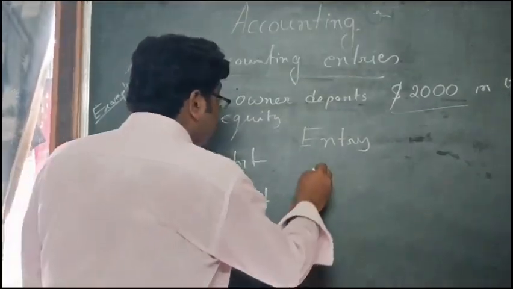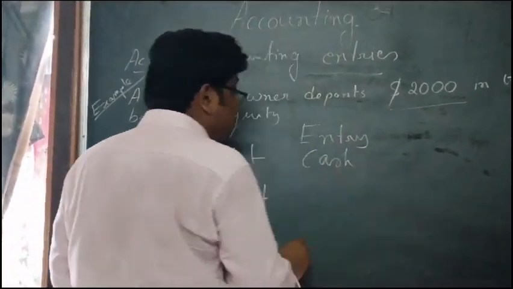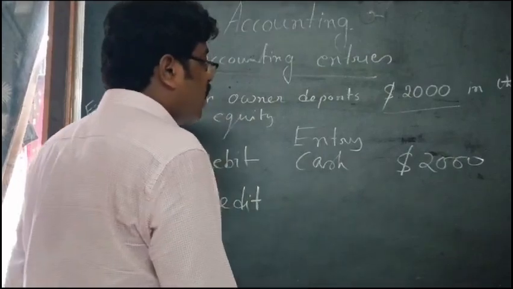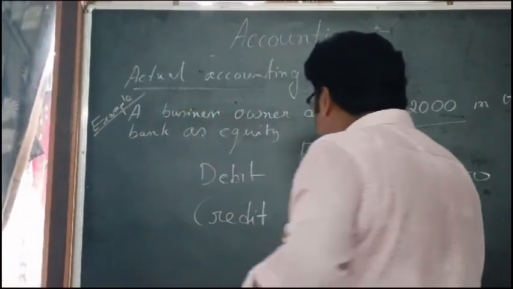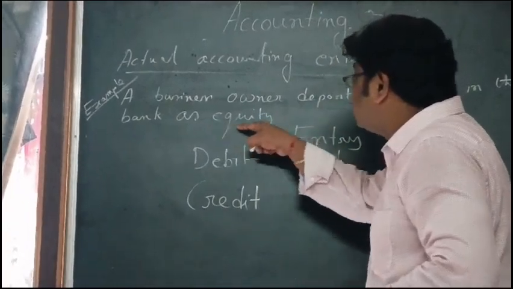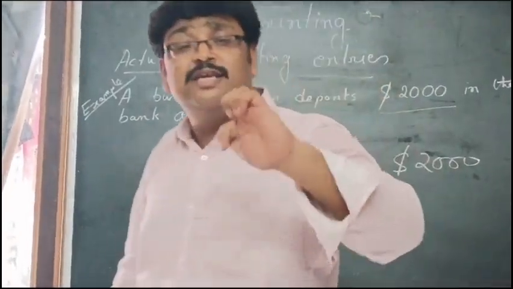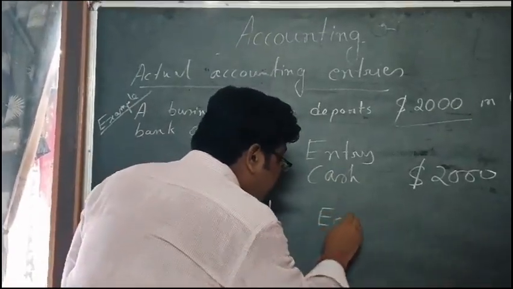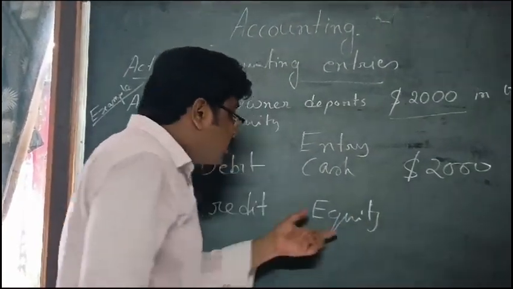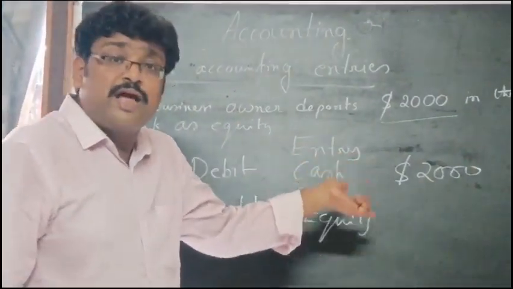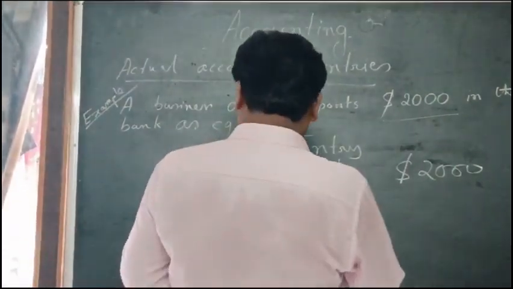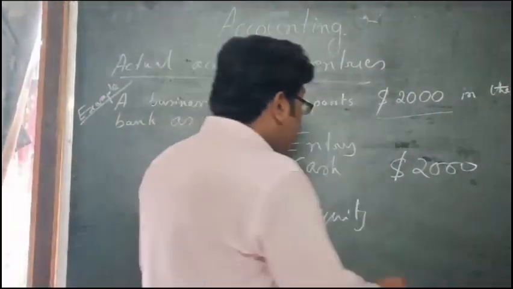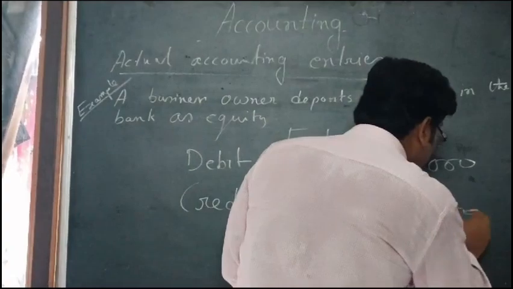So it is cash, $2,000, and credit, there is an equity, and there is an increase in equity, so equity has increased, and it is considered as credit as per the rules and regulations, and here it is $2,000.